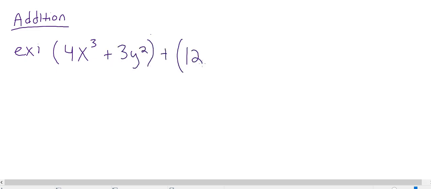Another example. Let's rewrite as a long string of monomials.